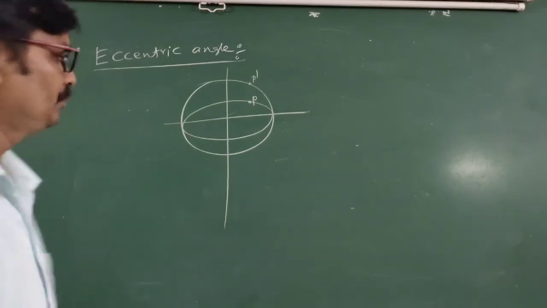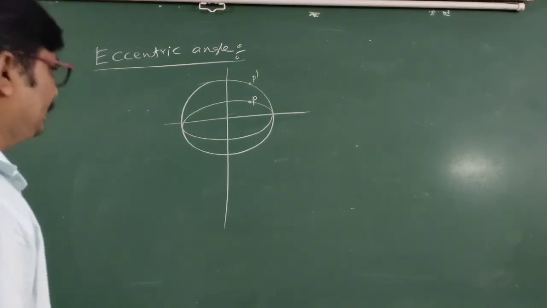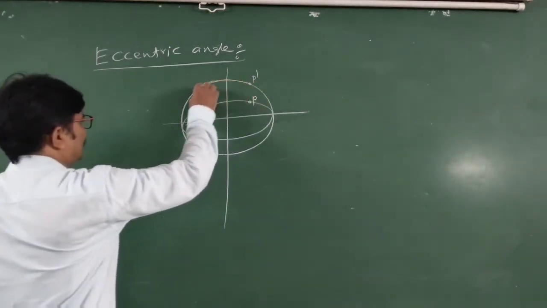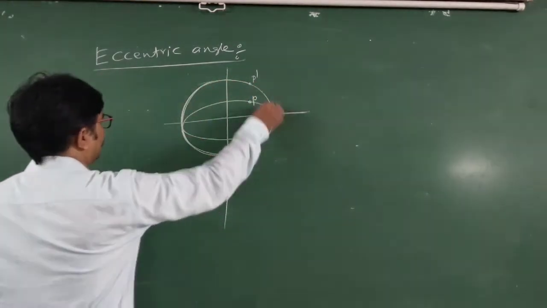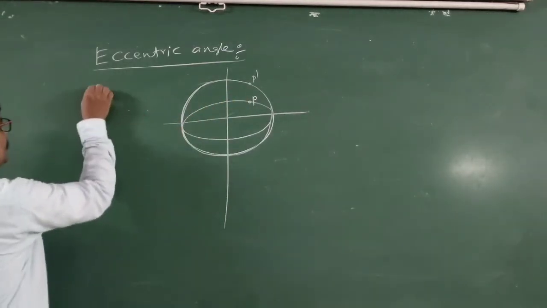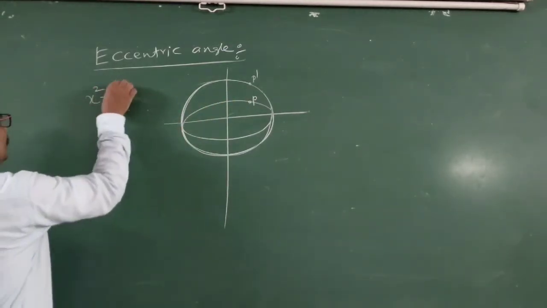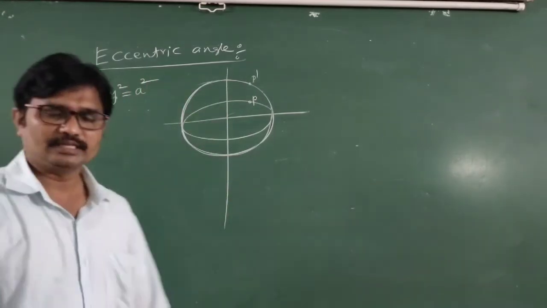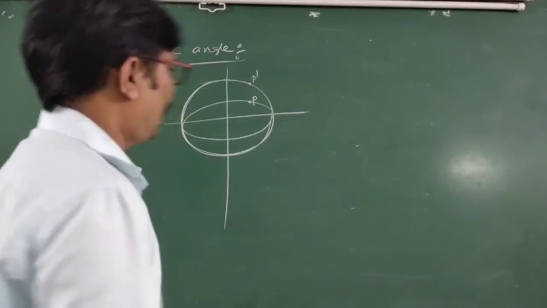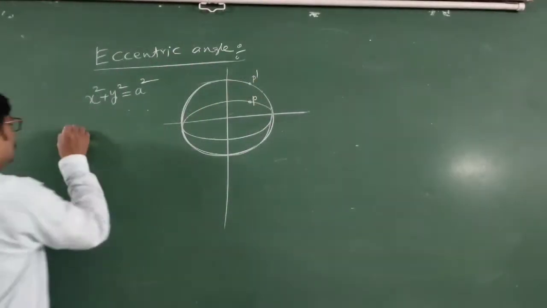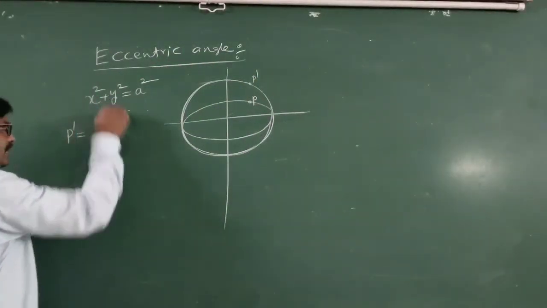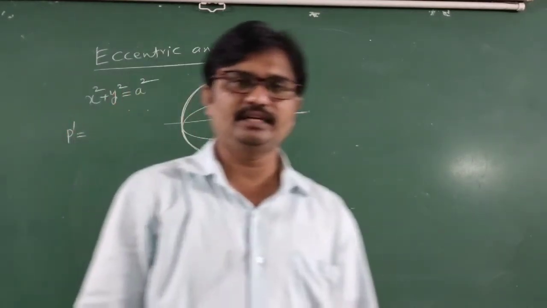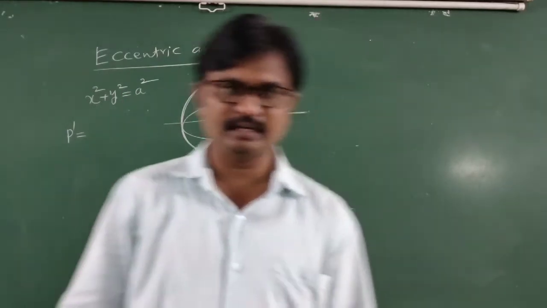So my dear students, what we observed here is that P dash lies on the auxiliary circle. Everybody knows that the equation of the auxiliary circle is x square plus y square equal to a square. In the circle, everybody knows how to write P dash. The center is 0, so the point is h plus r cos theta, k plus r sin theta. That is the parametric point in the circle.